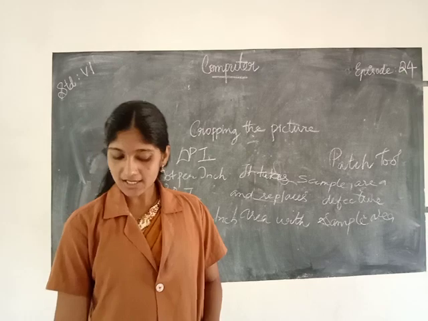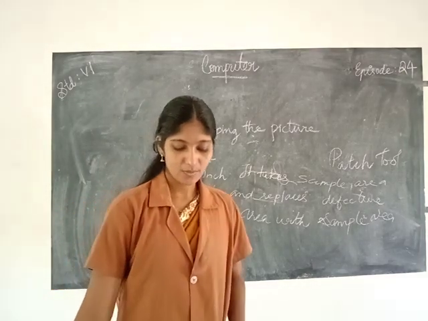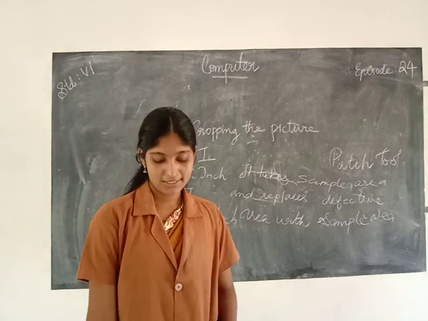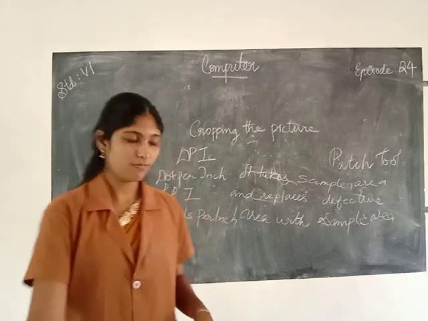Then first one, dash is a single dot on a computer display or in a digital image. So what is that? A pixel. Pixel is a single dot on a computer display or in a digital image.